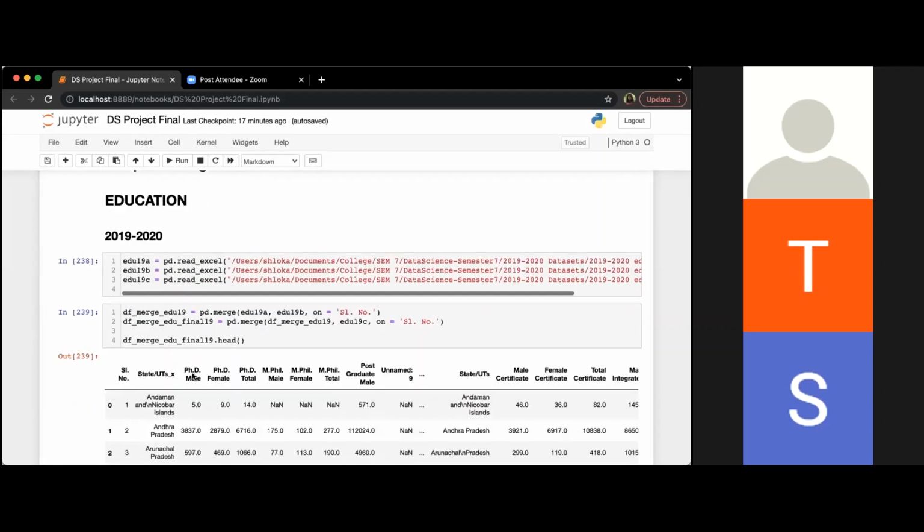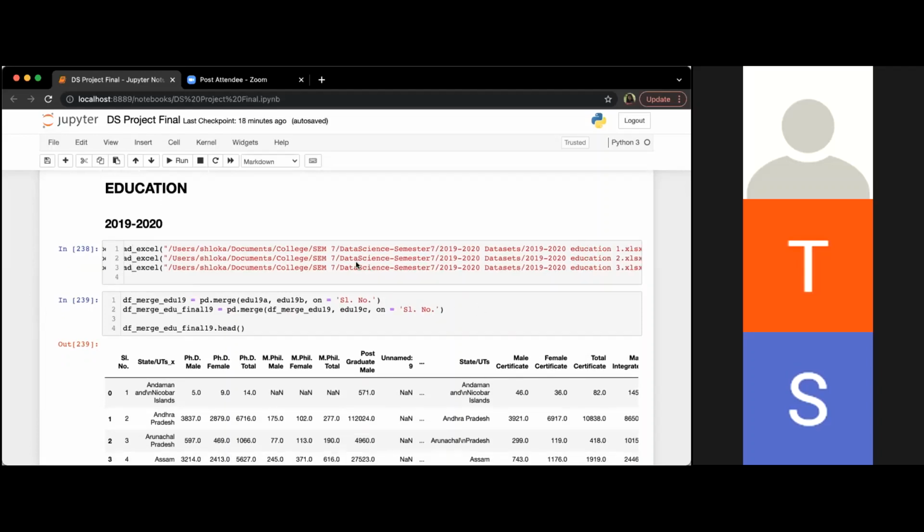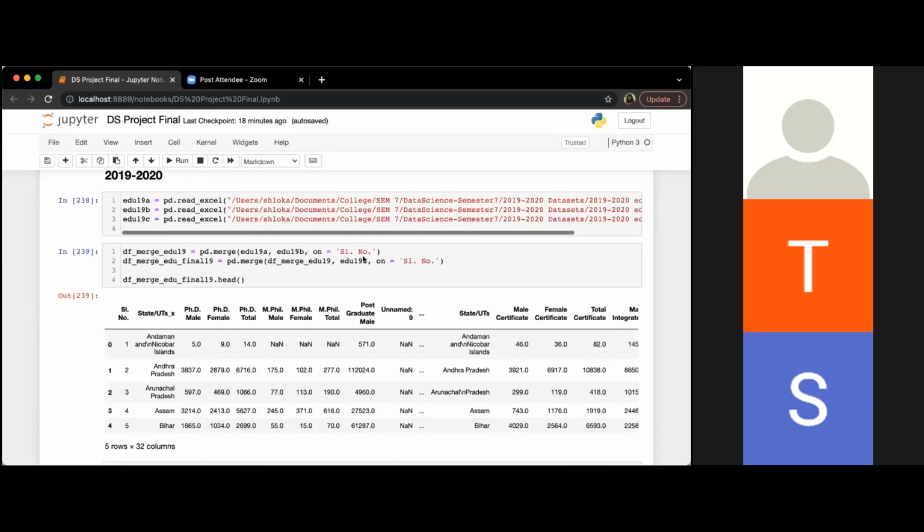For PhD, our data set was split into three different Excel sheets. Once we imported the data sets, we merged them based on serial number.